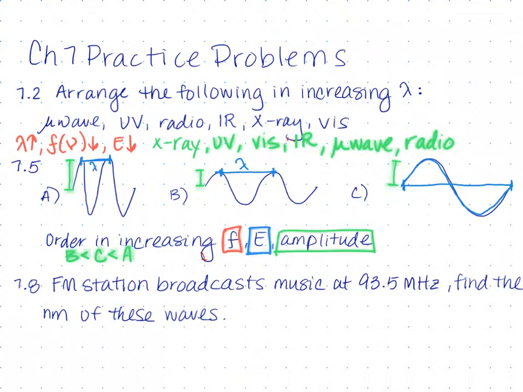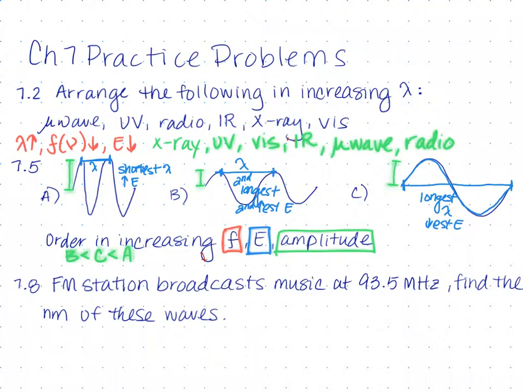So looking at each of these, I think this is my longest wavelength. This is probably my second longest. And I would say this is my shortest. So this means this is my highest energy, this is my second highest energy, and this is my lowest energy.